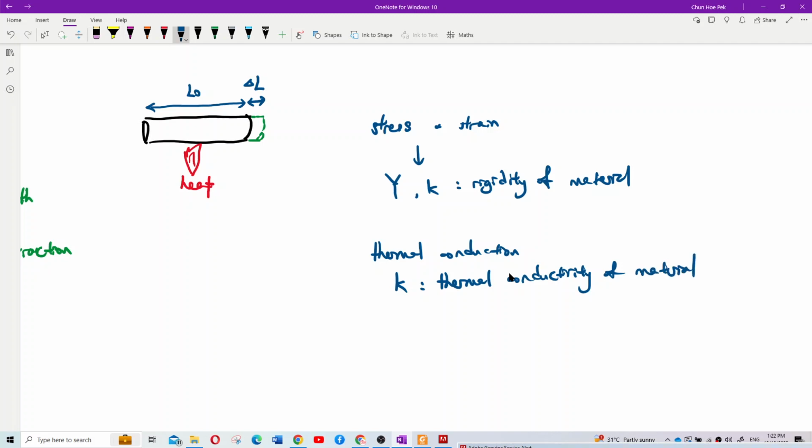Different types of material can conduct heat with different ability.